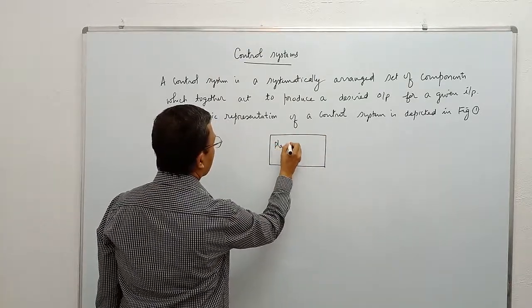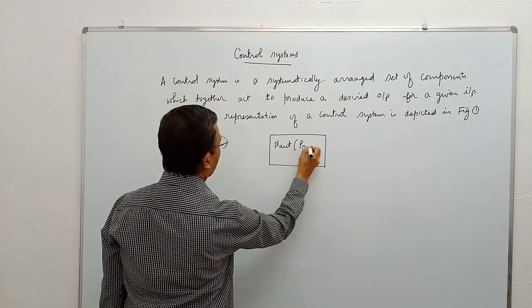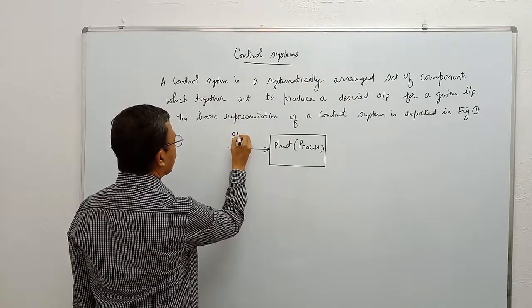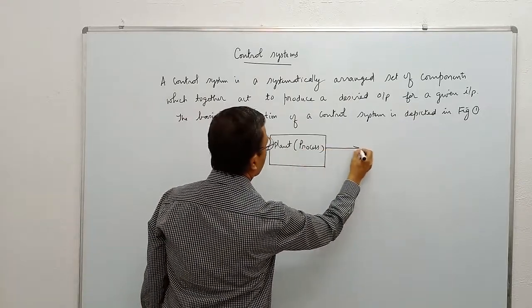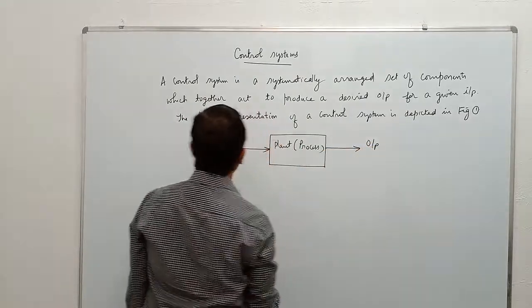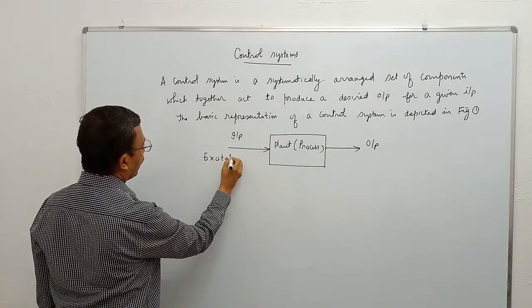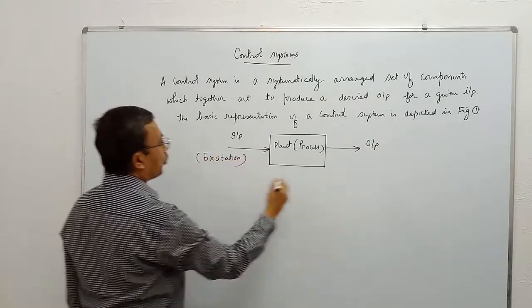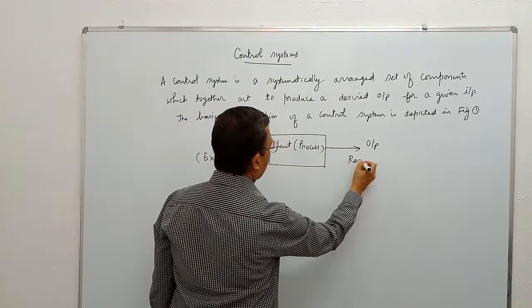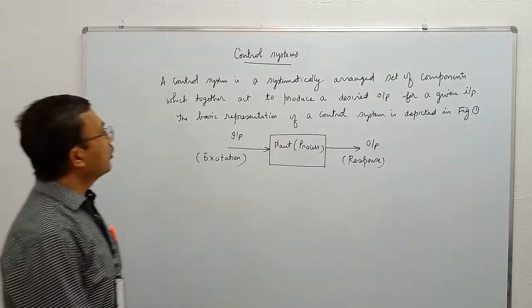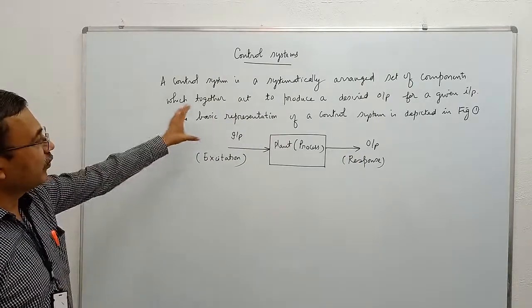Plant or process, input, output. In control systems, input is also called excitation, output is also called response. This is how a control system is defined.